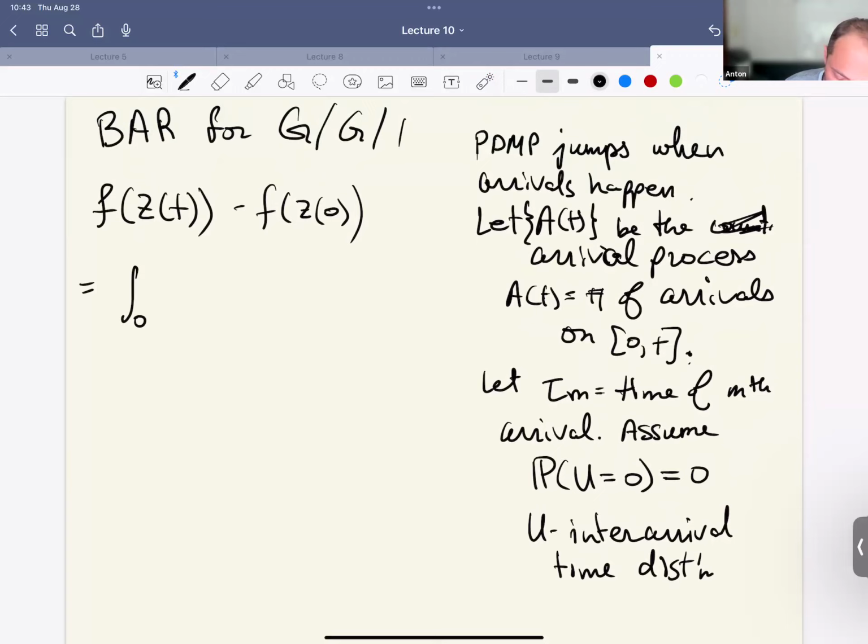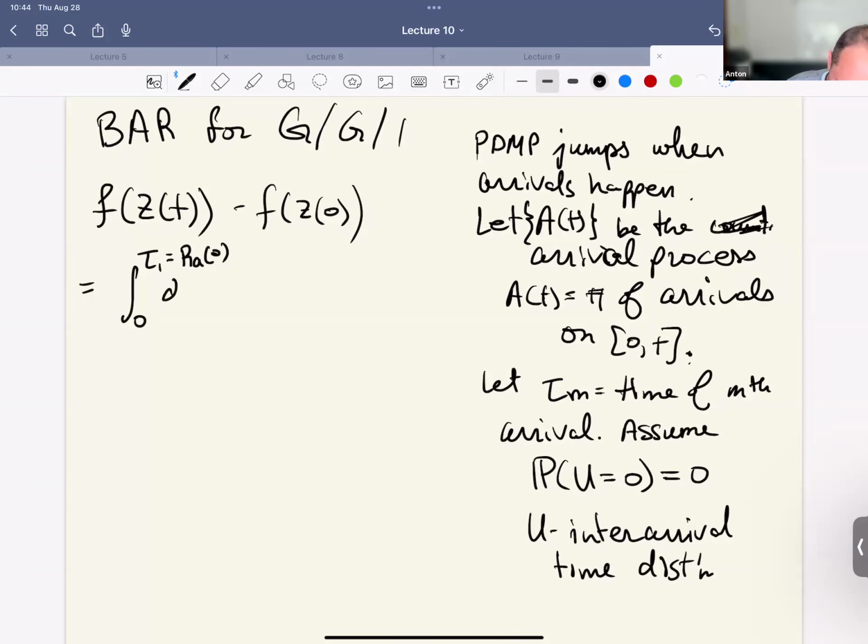If we look at this object, by virtue of a telescoping series, we look at time from time 0 until time tau 1. Now, tau 1 is special because tau 1 happens to equal the residual arrival time at 0. I'm just making a connection.